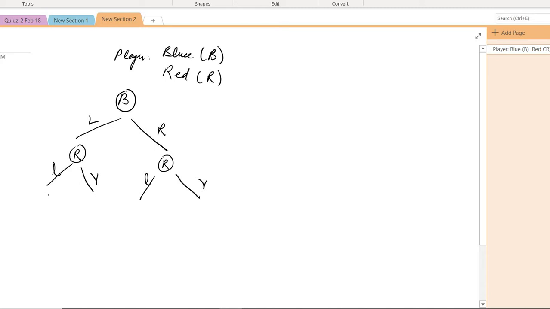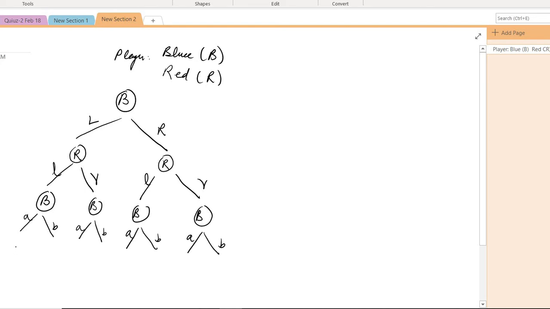Till now, everything is exactly the same as we have done earlier. Then comes blue, and blue is standing here, here, here, and here. And blue is playing small a or small b at each of these nodes. At the end of the nodes, the outcomes are there.